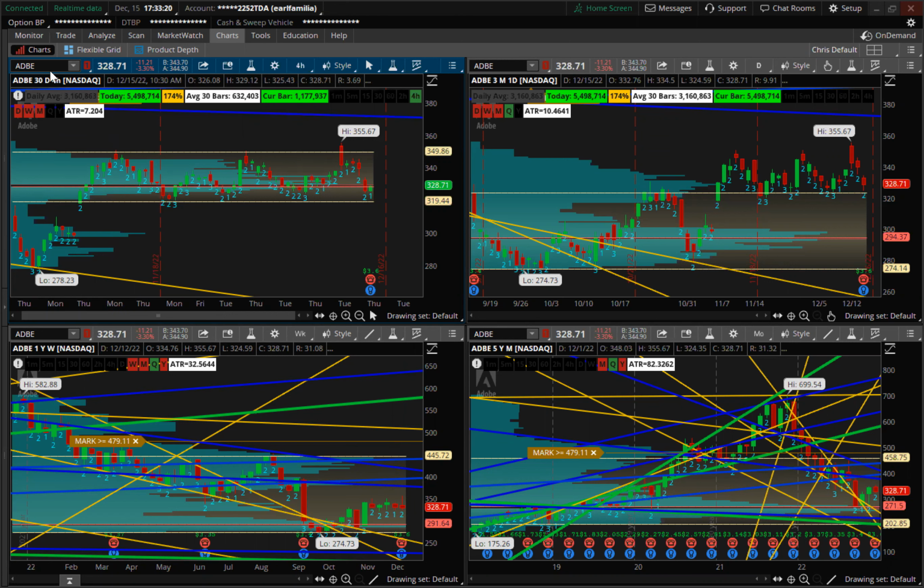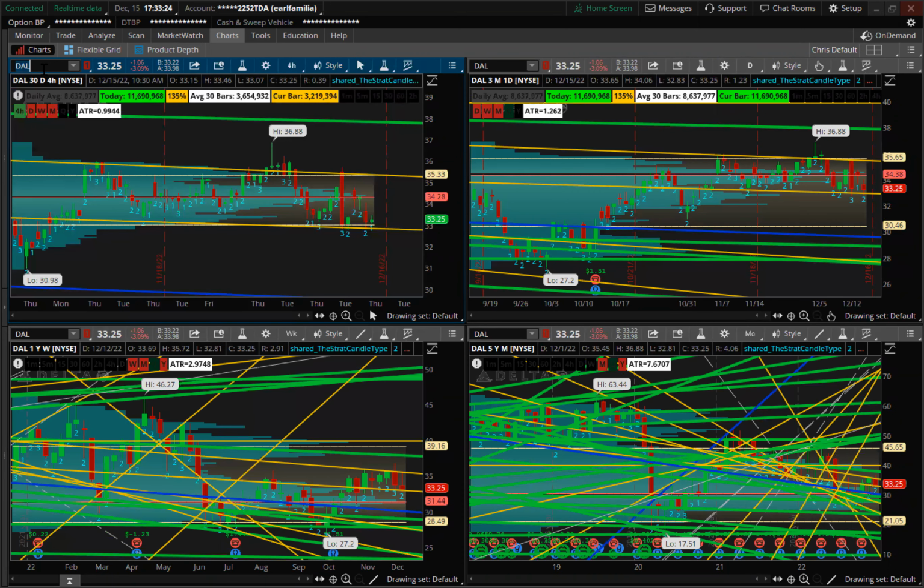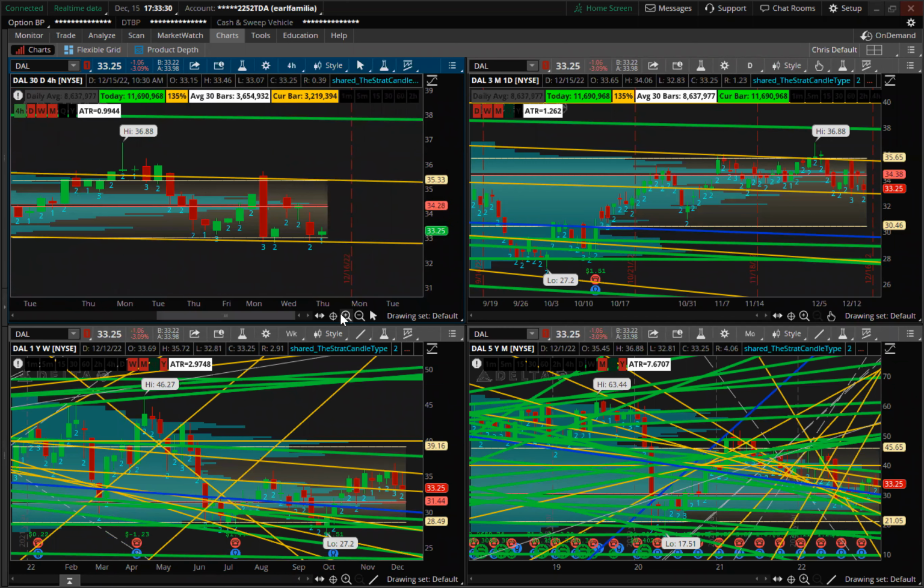All right. Delta. Damn, Delta. That thing hit those highs, got up out of there and went the other way. So Delta's just hovering at the lows on the lower end of this broadening formation around 33 bucks.